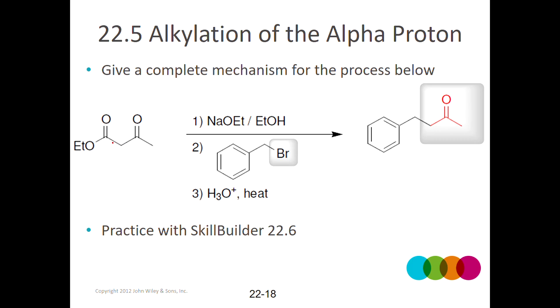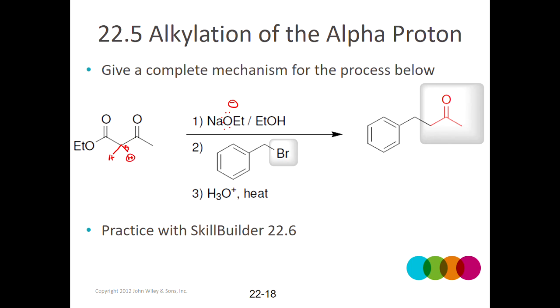Instead of starting with an ester on both sides, I only have an ester on one side. But I still have the key feature of this molecule, which is that the alpha protons are alpha to two different carbonyls, so when an enolate forms here, it can be stabilized through resonance over both oxygens. So again, the ethoxide will pick off this proton, electrons would remain behind.